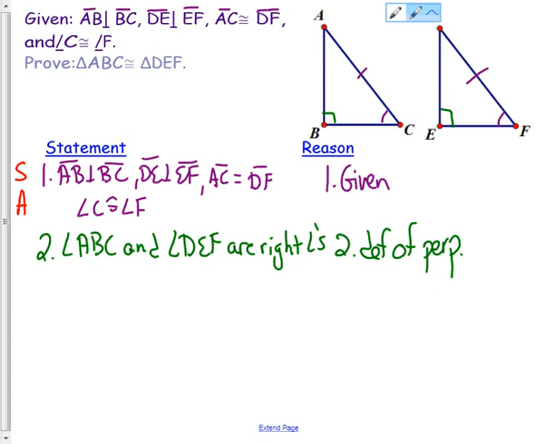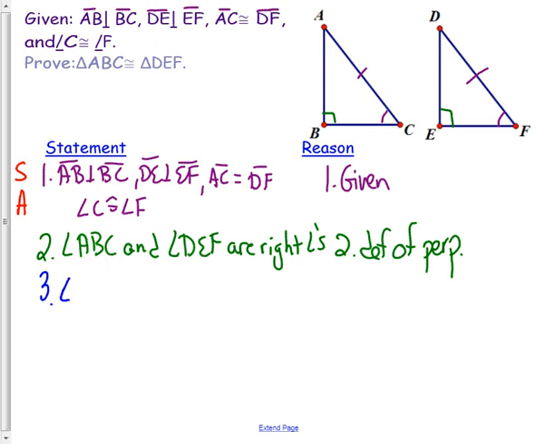The thing of it is they're right angles. That's fine. We do not have in our proof that those two angles are congruent. So we're looking for what is the link. Well, we know that all right angles are congruent. That was our right angles theorem.